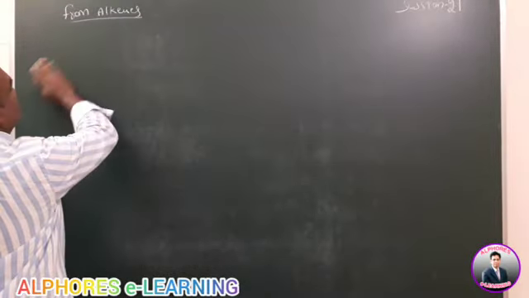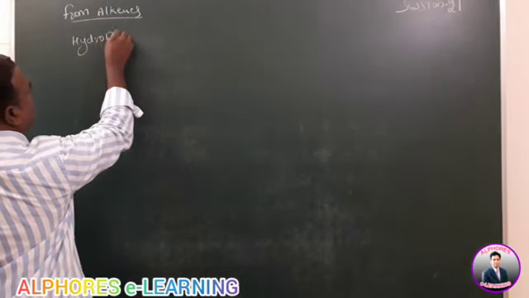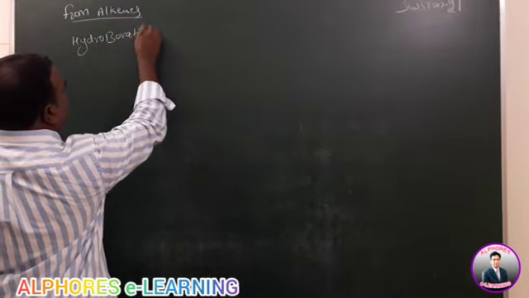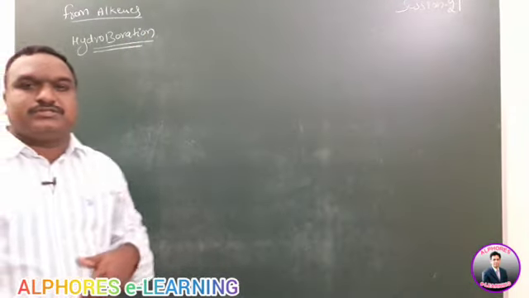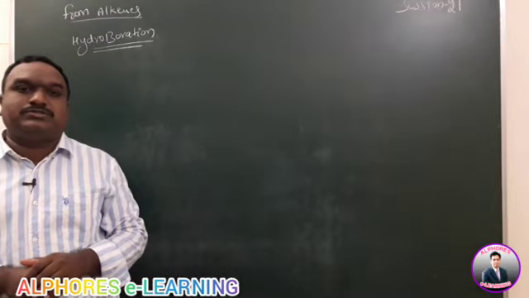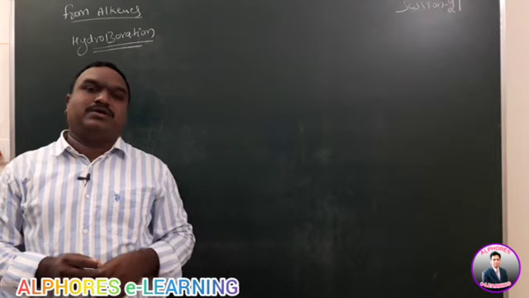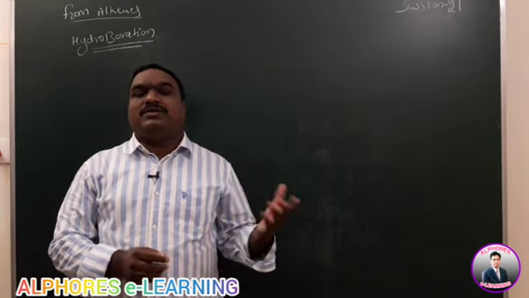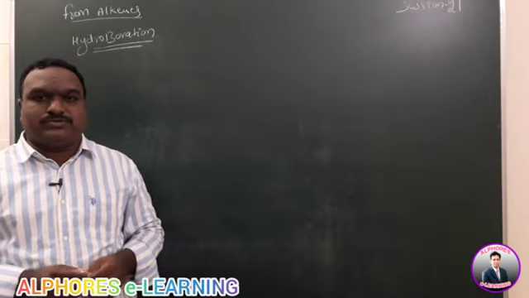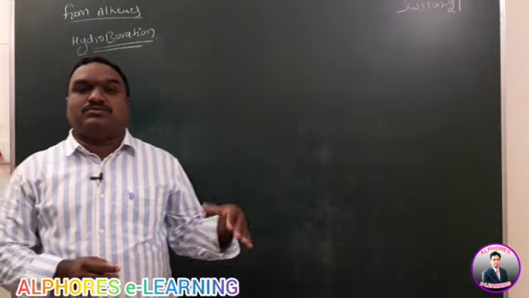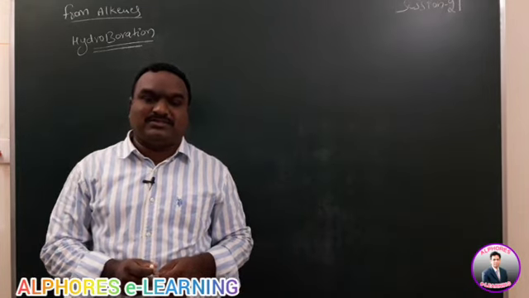Next one is hydroboration reactions, hydroboration and oxidation reactions. Alkenes react with diborane in the presence of ethers to form the hydroborated compounds. The compound again undergoes oxidation in the presence of alkali medium, then forms the alcohols.